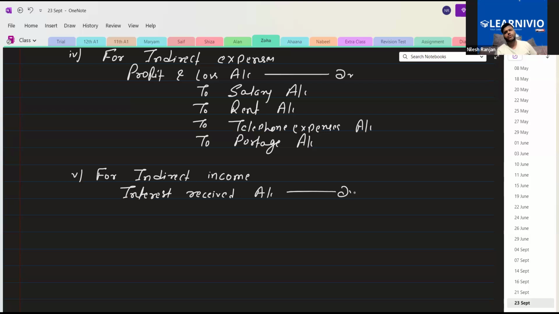I'm writing only two: interest received and dividend received. There can be many more. Expenses also, I have written only 5, but in profit and loss 20-30 expenses can be written. So interest received, dividend received to profit and loss.